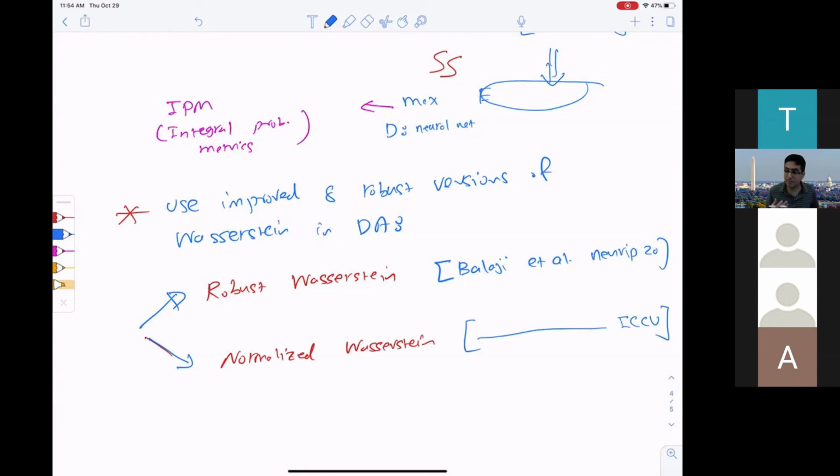So using them improves the quality of domain adaptation in general when you have noisy samples or where you have mixture models.